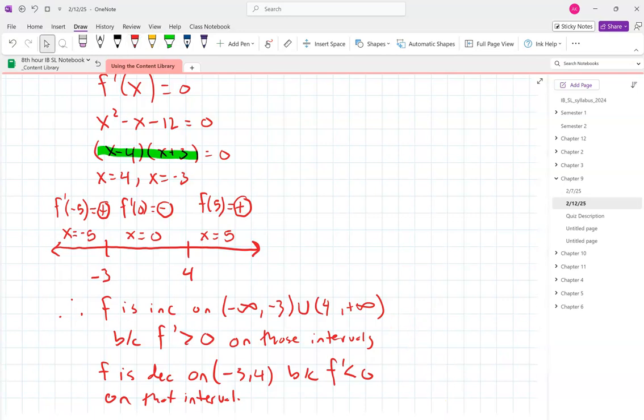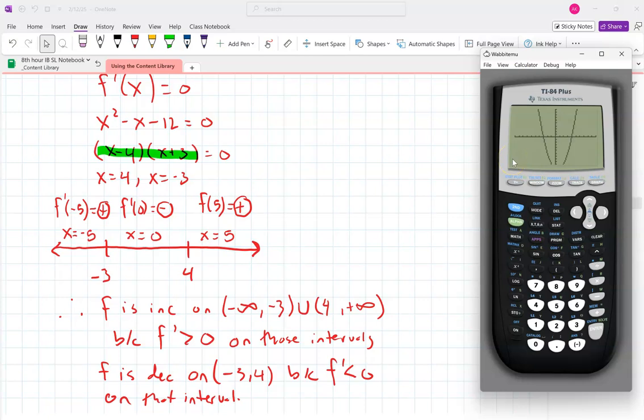So that gives me the same information as what I just did with the sign diagram, right? Does this process look familiar, the sign diagram thing? Yeah, it's the same process we used to solve a polynomial inequality or a rational inequality. You would have done that last year in your pre-calculus course. Which is nice, right?